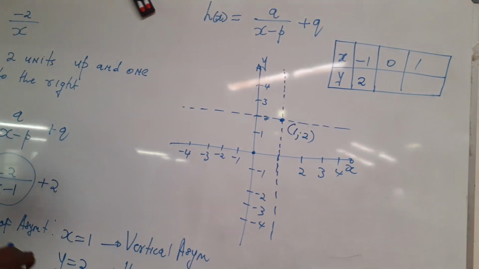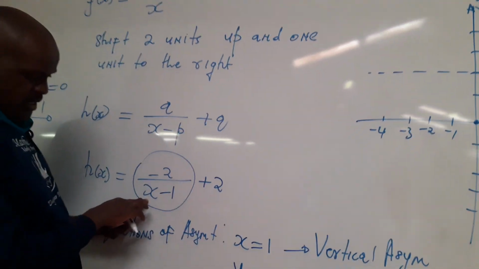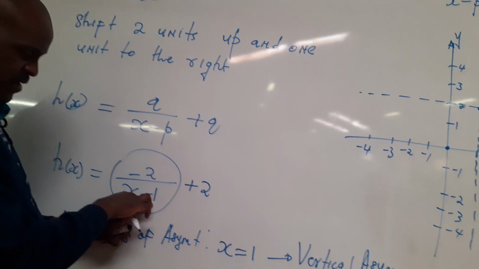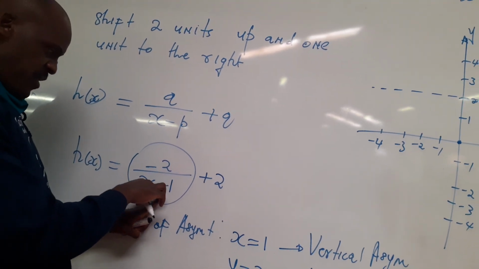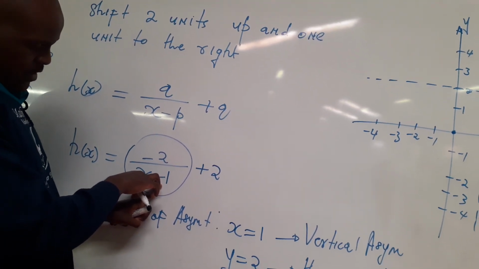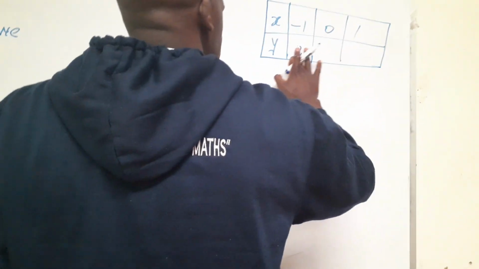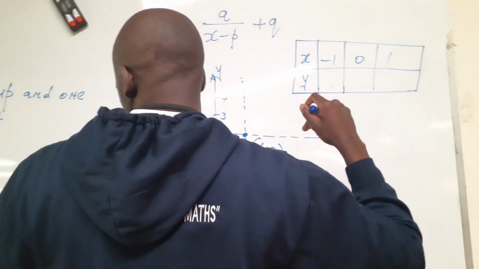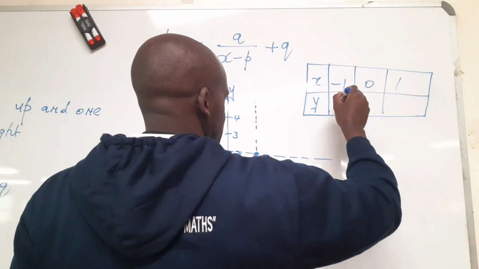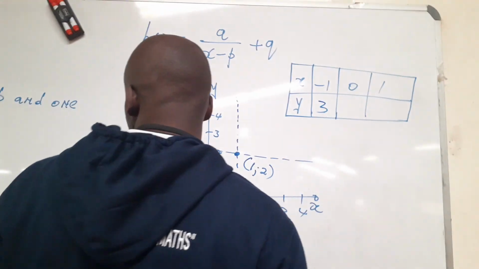We are putting -1 in the place of x. It's -1 minus 1, which is -2. -2 divided by that, it's -1, plus shift. So we are adding the shift. It's -1 plus shift, that is 2, because the graph has shifted.